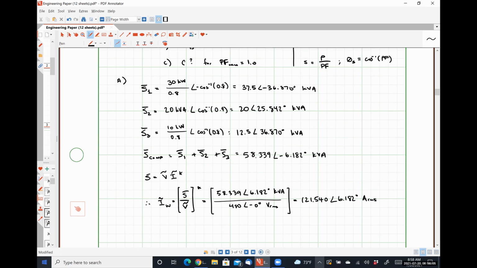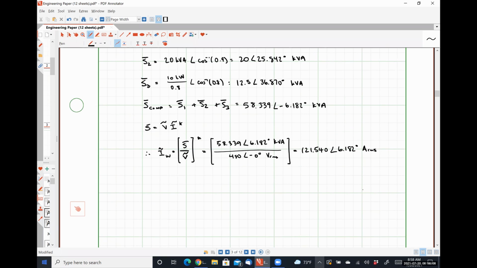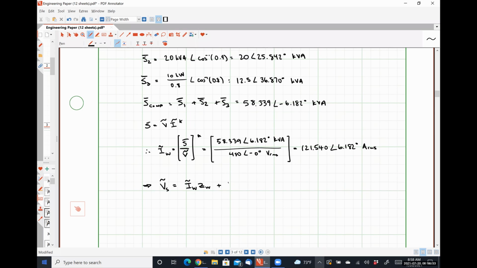So I think we are ready now to say Vs is equal to IW times ZW plus V composite, which is that 480 angle 0 that we were given at the beginning.